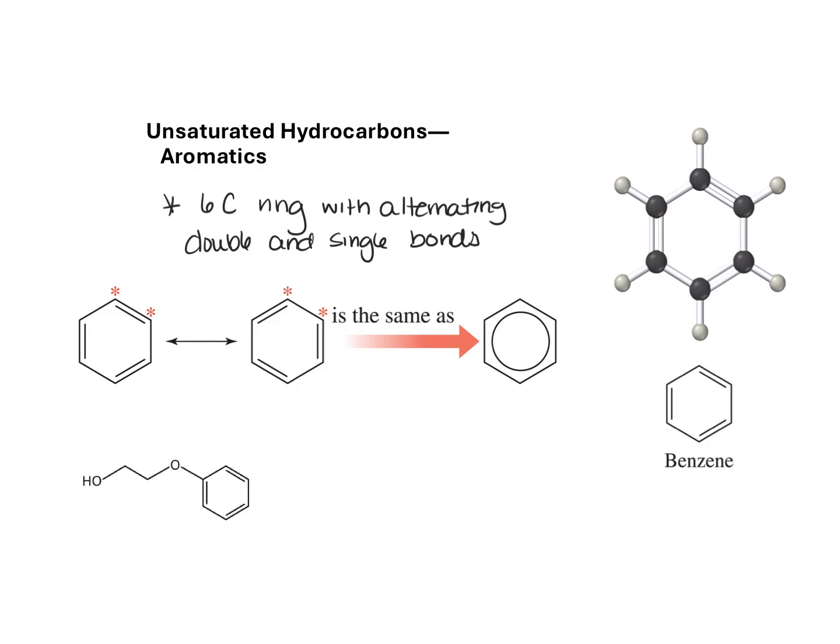It can be shown like this, it can be shown like this, but most often you're going to see it shown as a ring with a circle in the middle. And that's just a symbol for those alternating single and double bonds. Benzene is the most common one. It's the simplest one that we're going to see. It's a lot of times used as a solvent. And so you can see the structure here. It is a flat or linear structure.